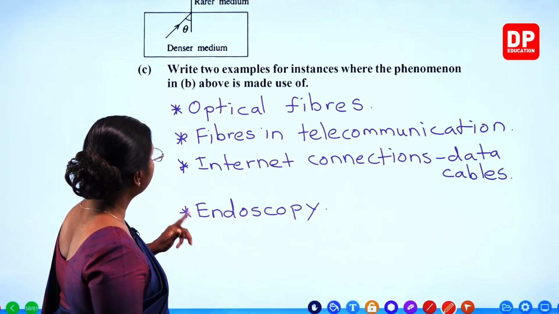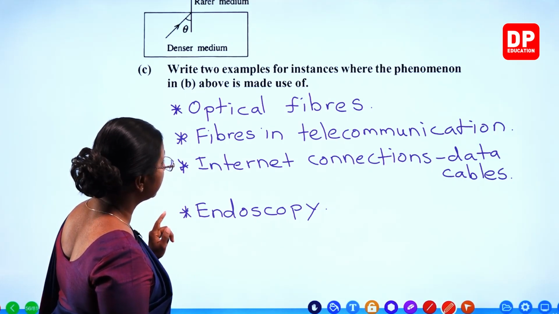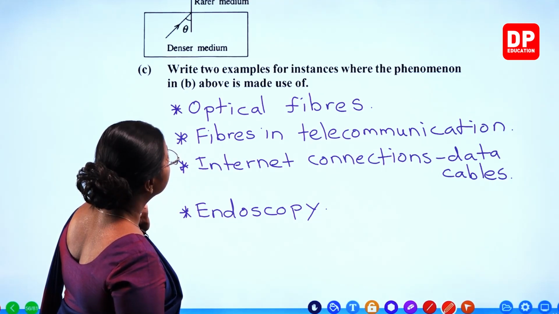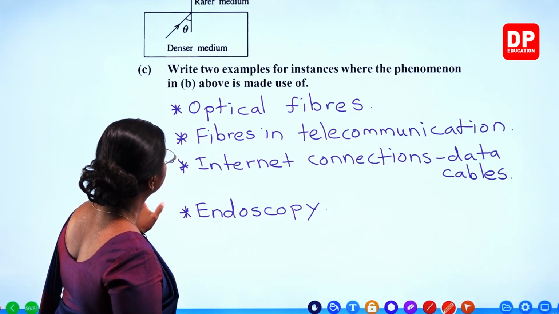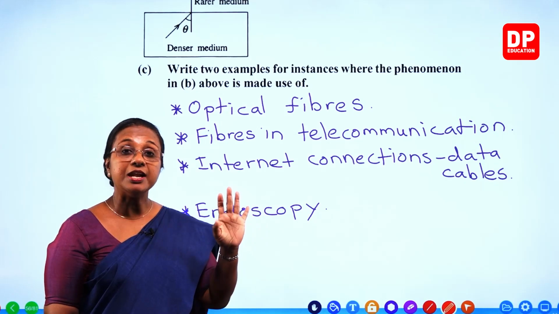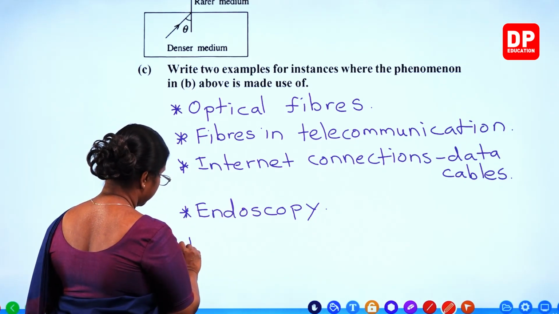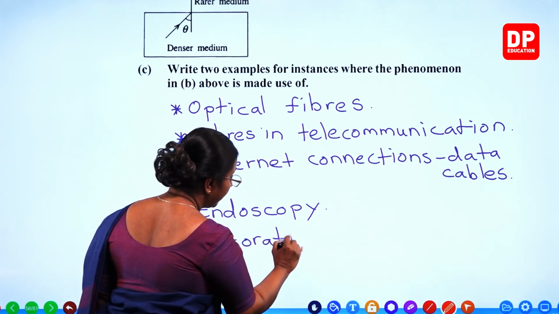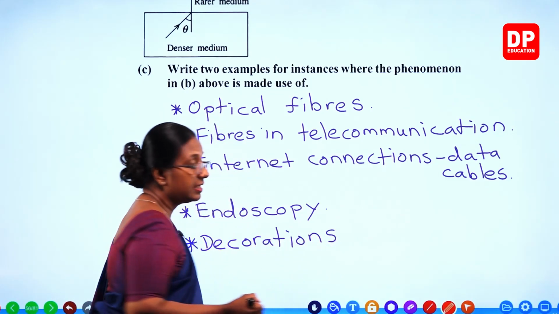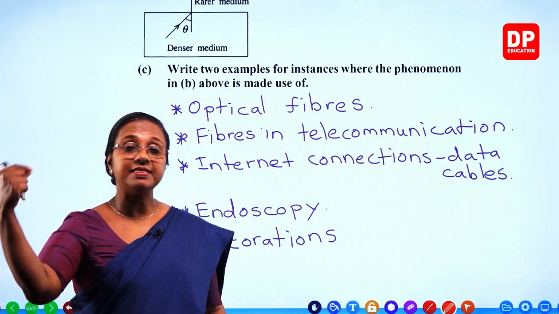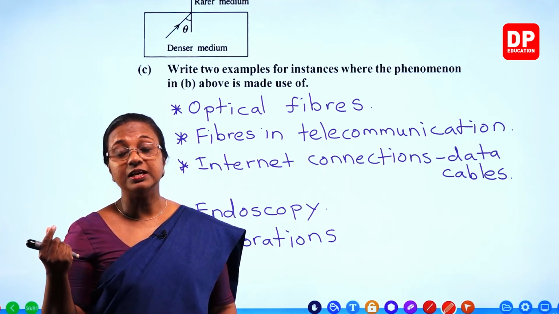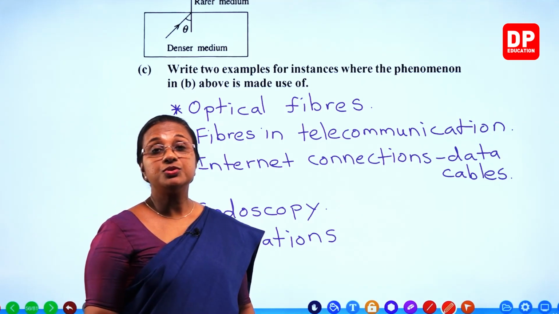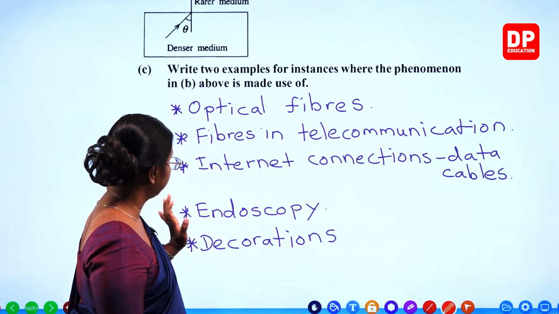So, in optical fibers in telecommunication, internet connections, then endoscopy, we use total internal reflection. Is that clear, students? And also in certain decorations. In decorations also, you all have seen some of these ornaments where you have those fibers and the end of the fibers are glowing. So that even on stage decor, there we use total internal reflection.